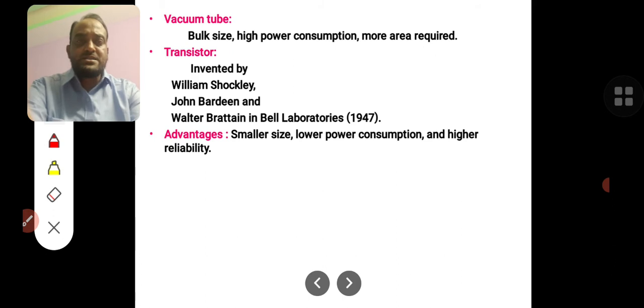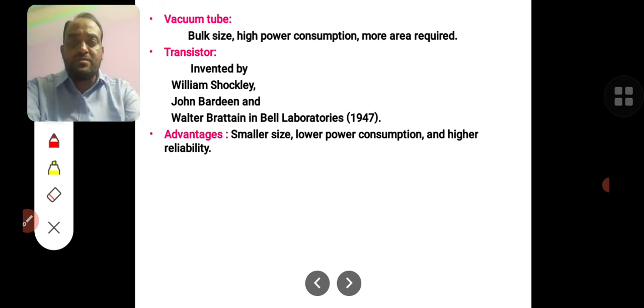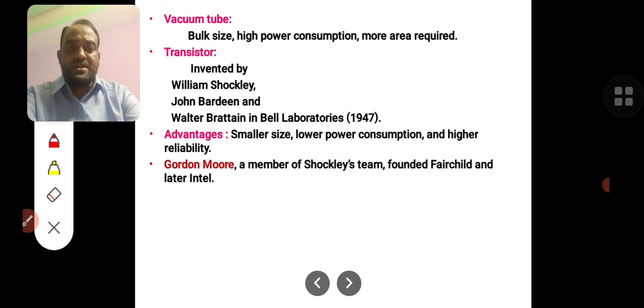Now, these transistors, which were invented in 1947 by Bell Laboratories, are solid-state transistors. They don't have all these issues. They don't have large size. They don't consume much power, and they don't occupy large space, and they are not weak. Mechanical vibrations cannot harm them. So these are the advantages of transistors.